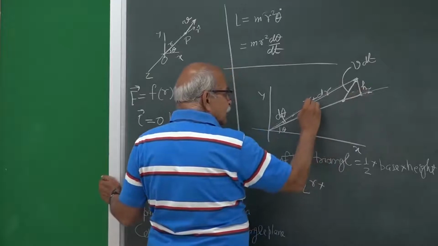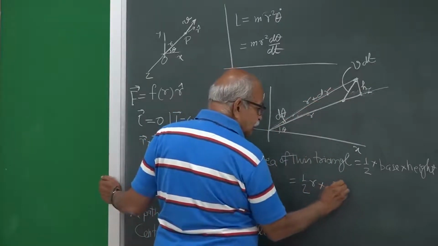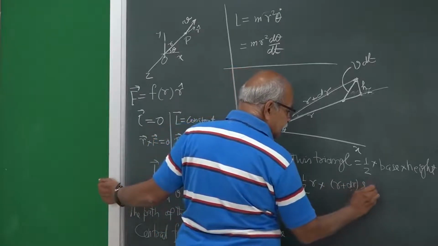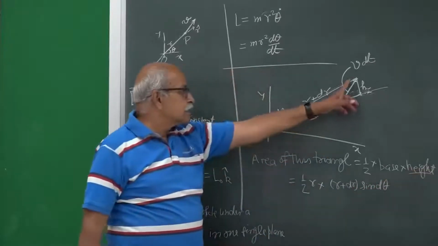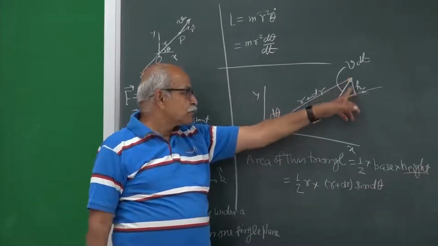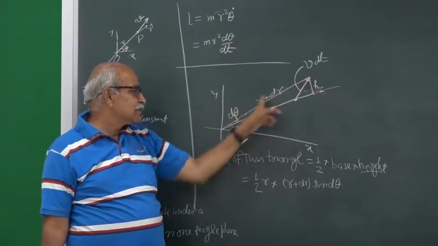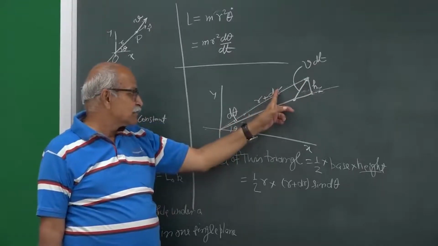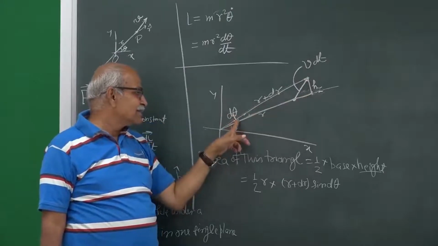This height will be r plus dr sine of d theta, right. This is height, and we have dropped perpendicular to get that height, and then this is a right angle triangle, this is the hypotenuse, r plus dr is the hypotenuse, and this is the side h opposite to angle d theta.